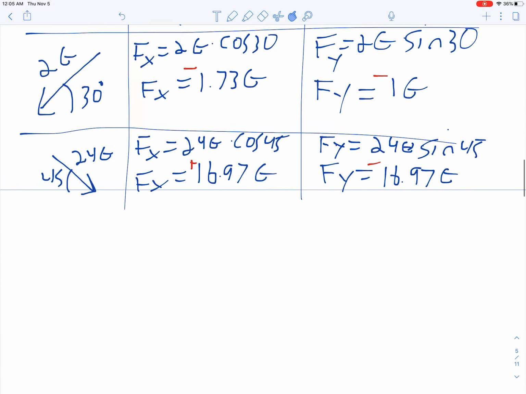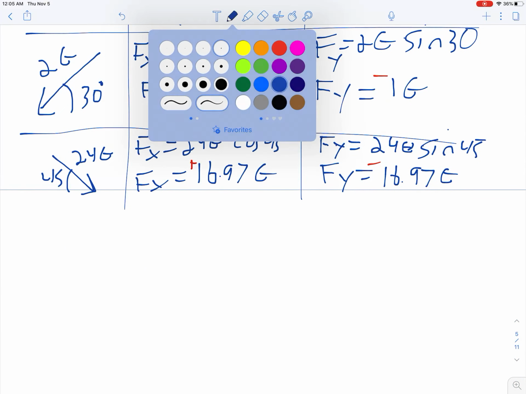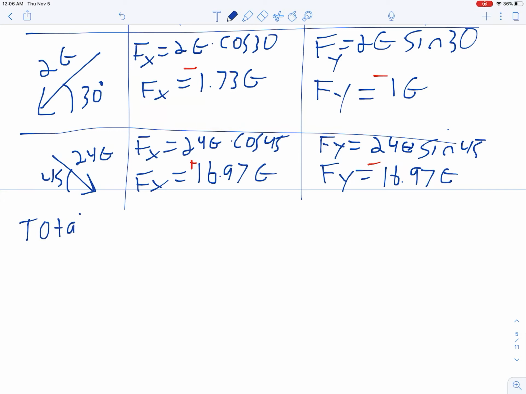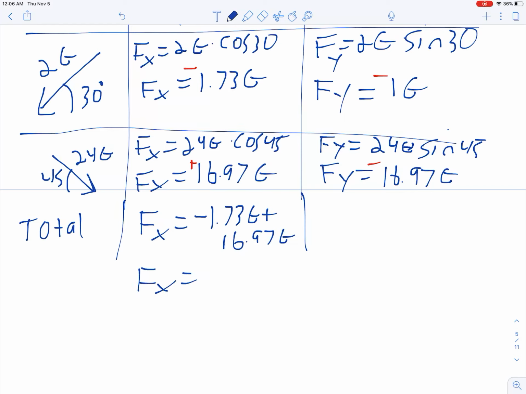Okay, so my next step is to find the total. So the total in the x direction would be negative 1.73g plus 16.97g, negative 1.73 plus 16.97 gives me 15.24g.